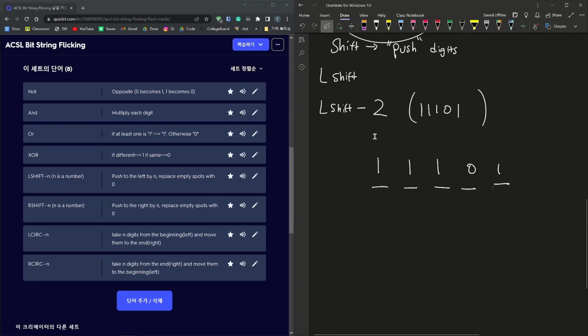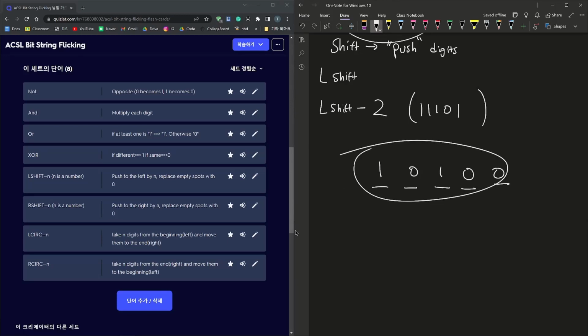What this means is I'm going to take this number and shift it to the left by 2 in this case. 1, 2. Notice how these two are out of their seats. We're going to delete them and replace empty spots with 0. So that is the answer to L shift 2, 1 1 1 0 1.